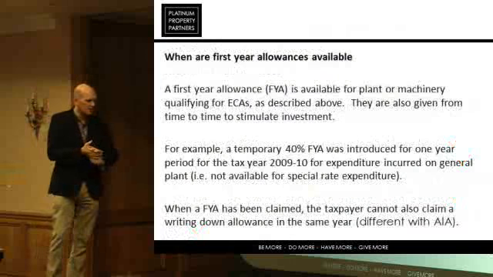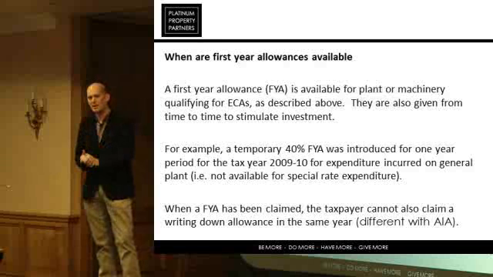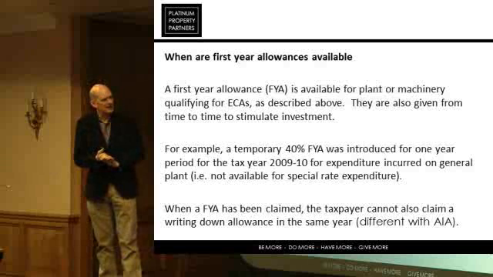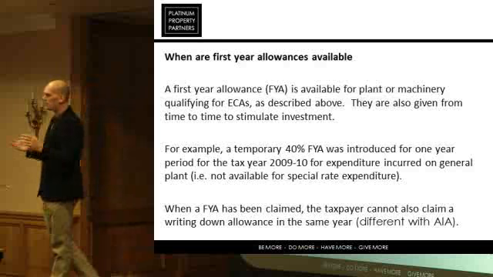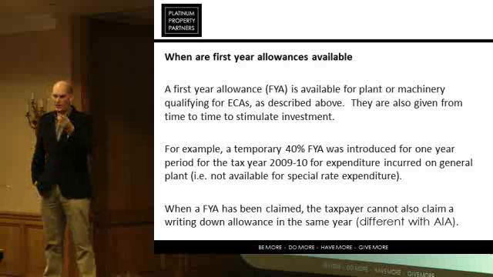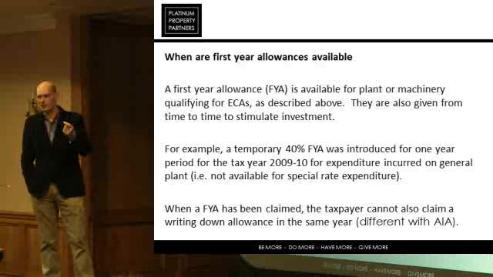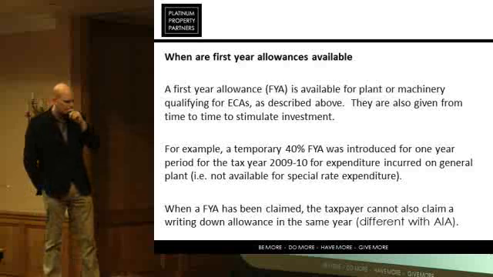So when are they available? April 2008, I'm sure we all remember exactly where we were on that day. April 2008, the revenue stopped using what they called first-year allowances. I'll give you an example. I used to be the UK accounting manager for a large, without saying their name, Swedish furniture, blue and yellow company.